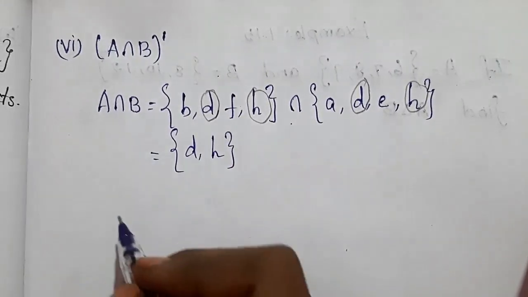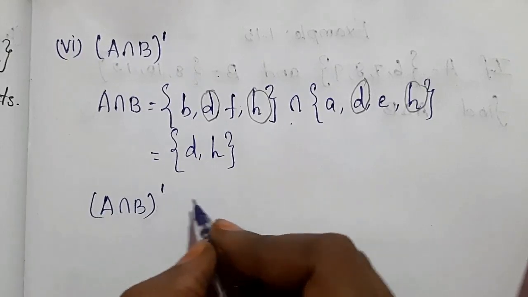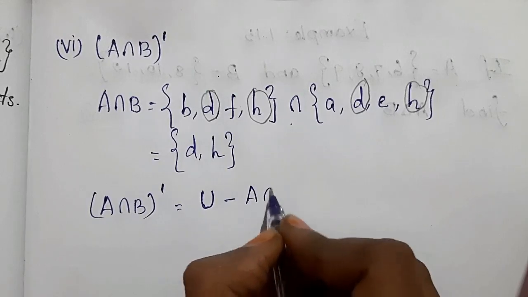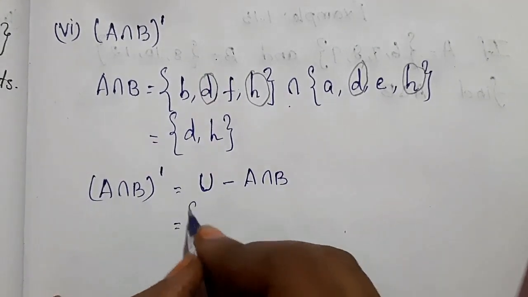Okay, next we find the complement. I already told you how to find the complement. From the universal set, remove the A intersection B, and you will get the complement. So what is the universal set?